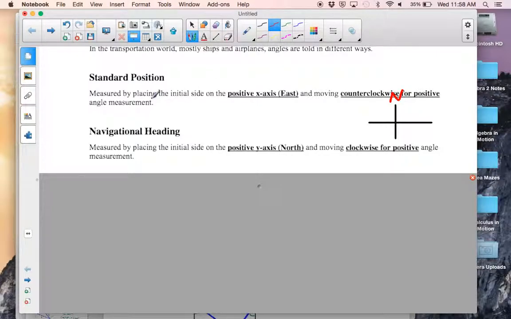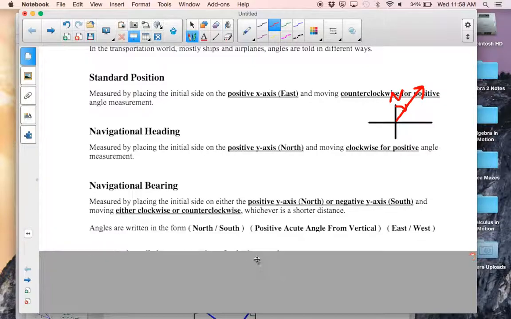So if I say you're traveling on a heading of 30 degrees, what that means is that from north, I have to think about 30 degrees out, and that means I'm heading in this direction. Okay, so that's a heading of 30 degrees. So you start from north and you move clockwise for your positive angle.